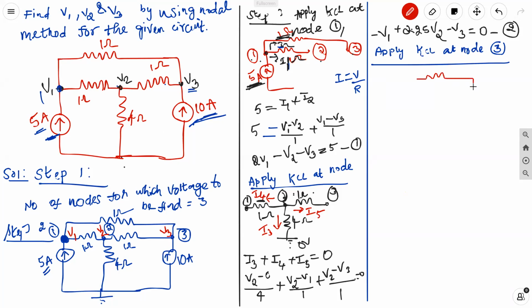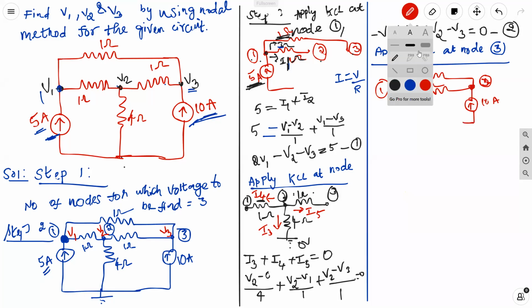This is connected between node 3 and node 1, then additionally 1 more 1 ohm resistor, this is node 2, and also the 10 ampere current source. This is the node 3 elements.